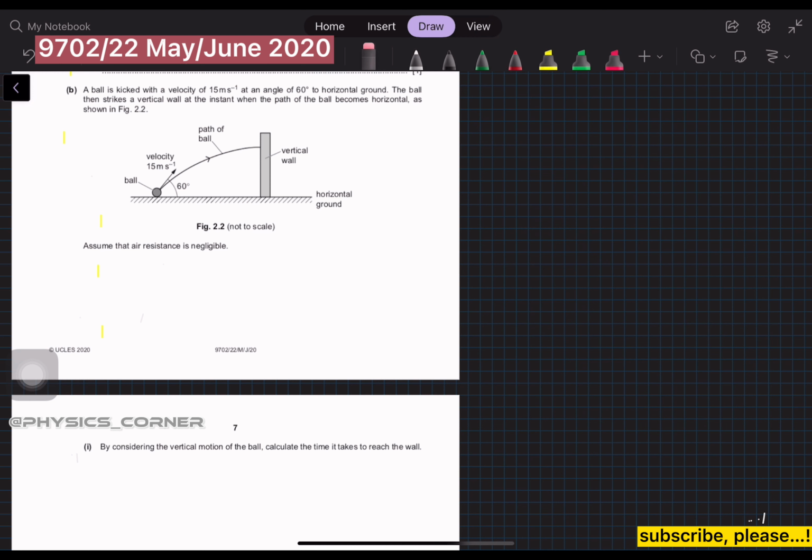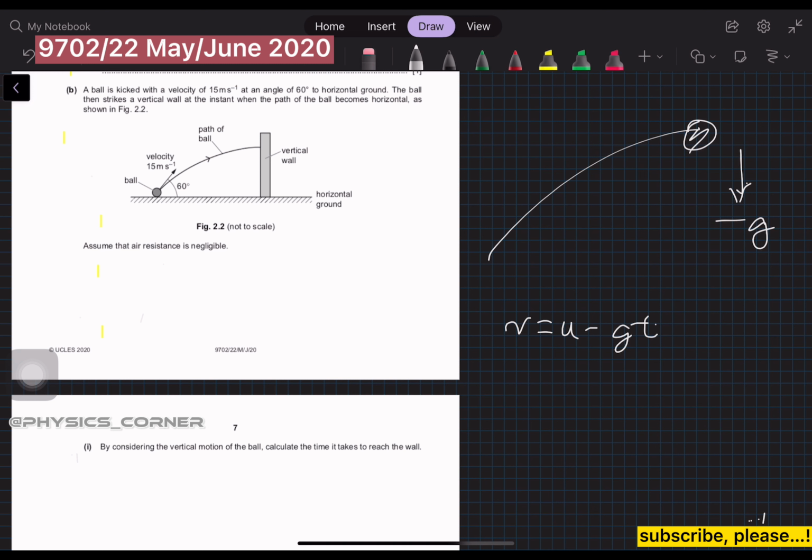Okay, we will use the formula V equals U plus GT, or maybe this is not plus, this is minus, negative. Why negative? Because the ball moves upward, so it has gravitational deceleration.